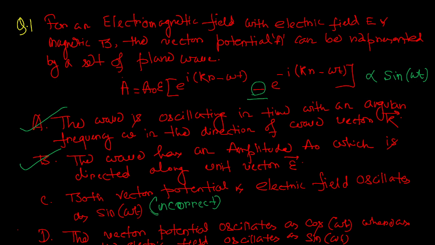So for that expression of plane wave function, this option is incorrect. It will be correct only when the expression of the wave function has the two plane waves positively added.